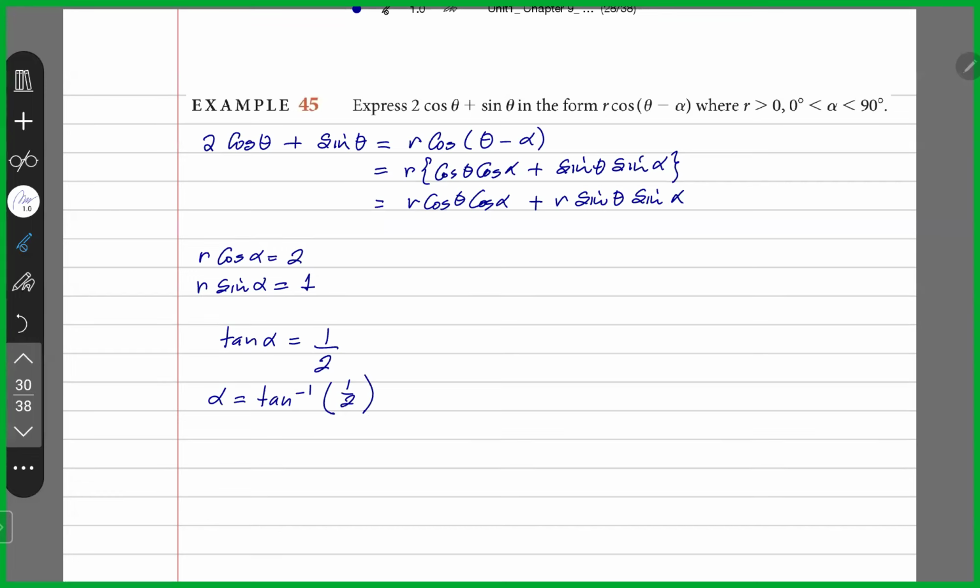All right, just getting my calculator quickly. So alpha is tan inverse a half, and this says alpha is 26.6 degrees.